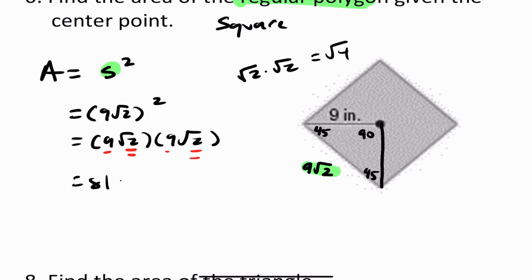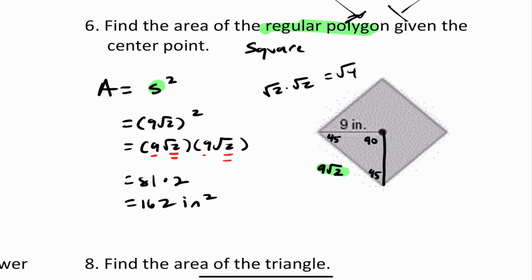The square root of 4 is just 2. So remember, the square root of 2 times the square root of 2 is 2. Any radical multiplied by itself is just what's under the radical. Okay, so 81 times 2 is going to give you 162. Don't forget the units here. So 162 square inches is your answer for number 6.